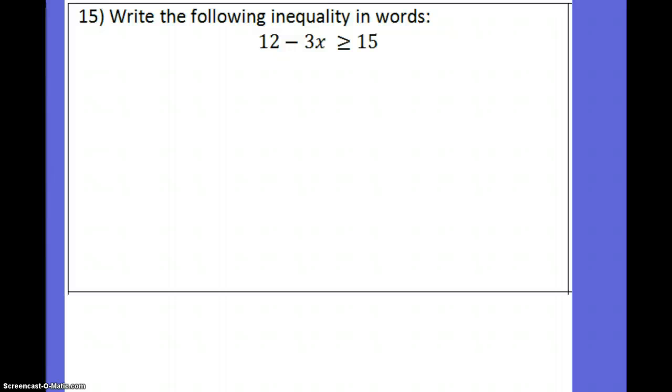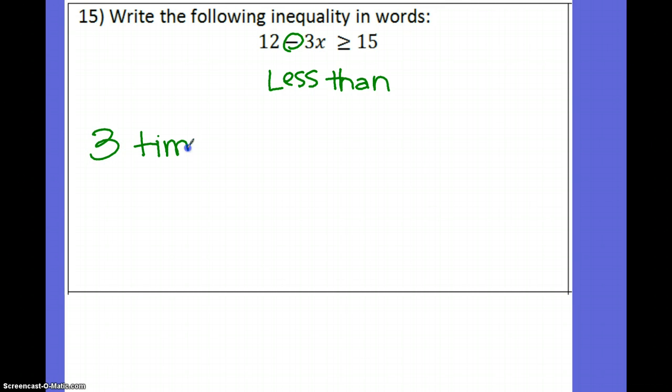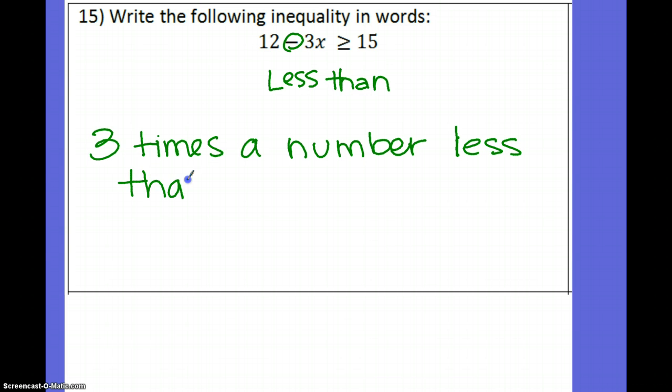Write the following inequality in words. Remember that if we're going to use the words less than for subtracting, less than flip-flops what's in back and what's in front. So I can say 3 times a number for the x is, nope, we just say 3 times a number less than, not is, just less than 12.